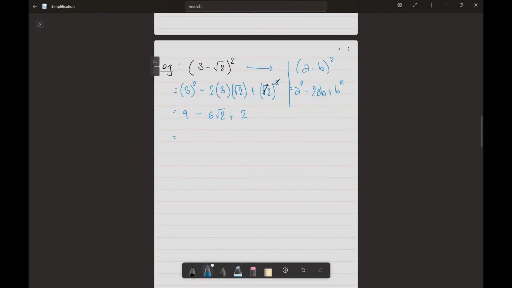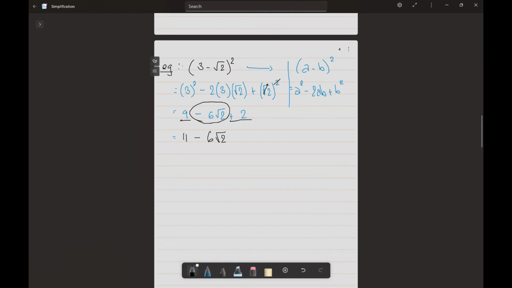So in here, you are subtracting the 6 root 2 and you will be adding 9 with 2. We know that 6 root 2 has a root with it. So it's a surd and it cannot be added up with any other number. So 9 plus 2 is 11 and then minus 6 root over 2 is your final answer.